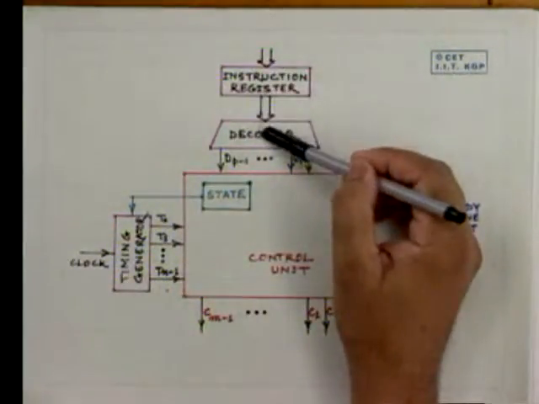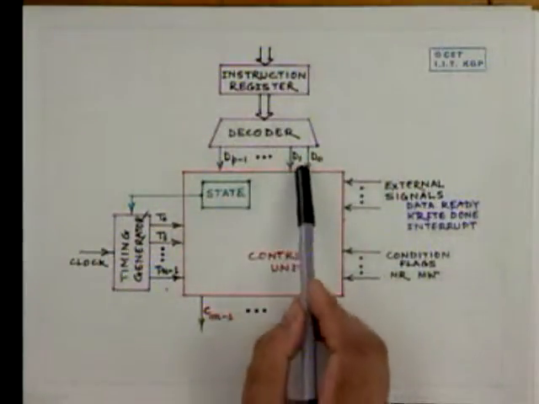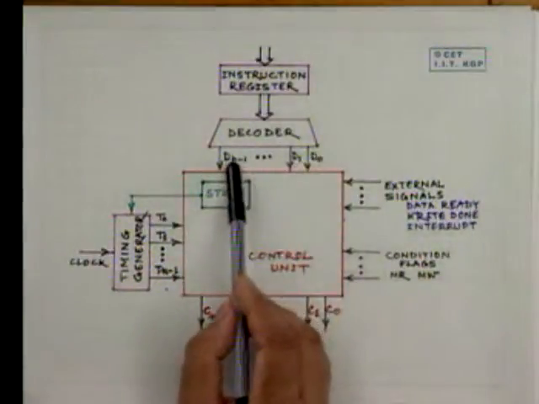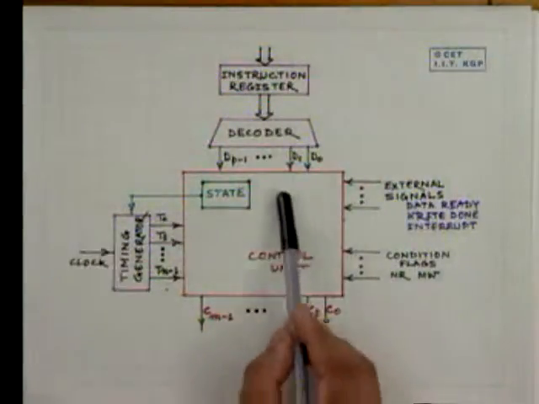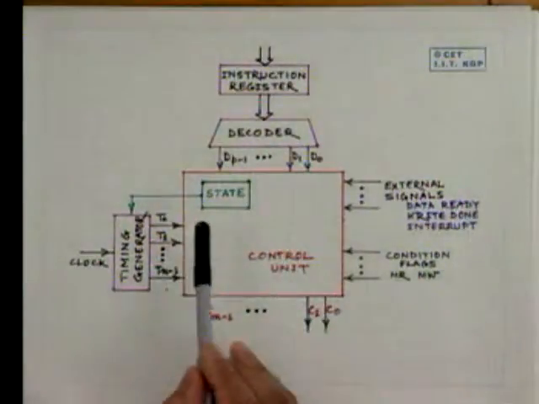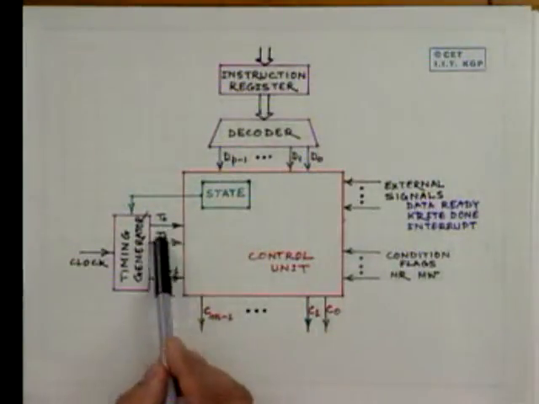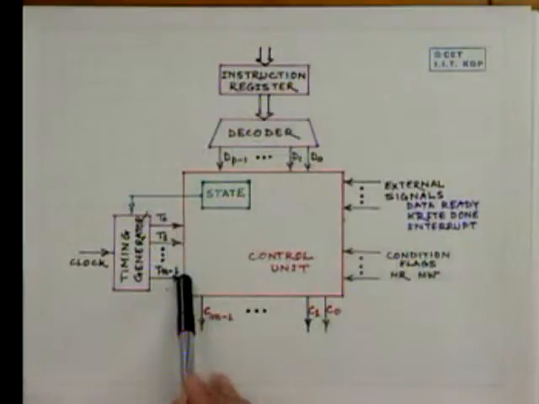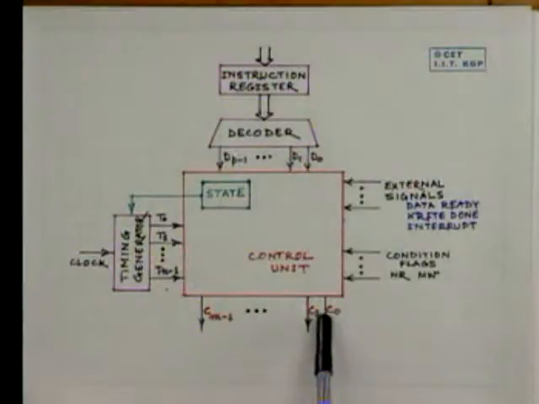The opcode is decoded. Depending upon what opcode it comes, one of the lines, say D0 to DP-1, P such lines, may be high. Now, on this line high, and the state, the timing generator generates the timing pulses, and at every timing pulse, C0 to Cm minus 1, that means M control signals, are generated out of this control unit.